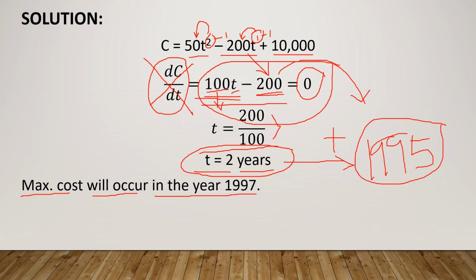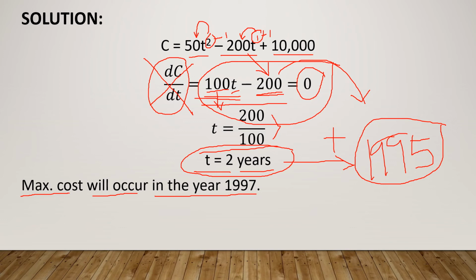Because we just simply add this computed t to the given year 1995, since we start the problem there. So there's a given range of years from 1995 to 2002. We start from 1995 and end up with 2002.